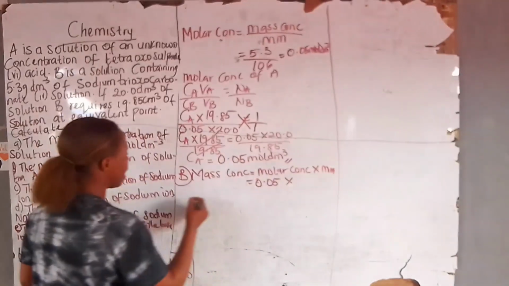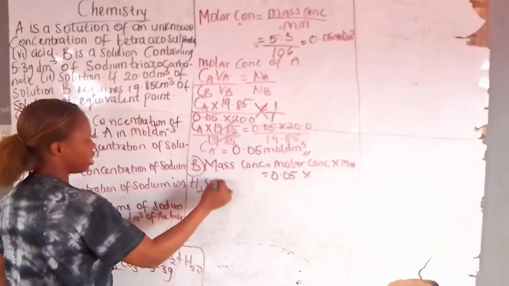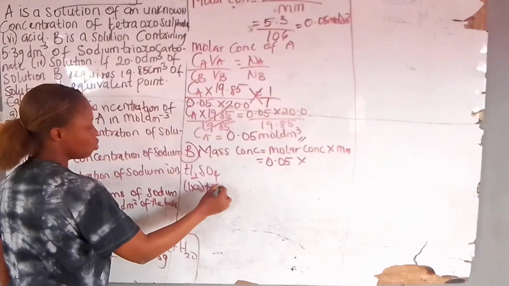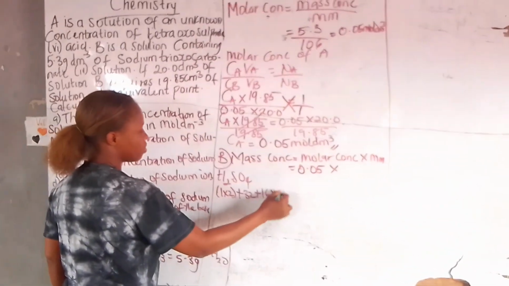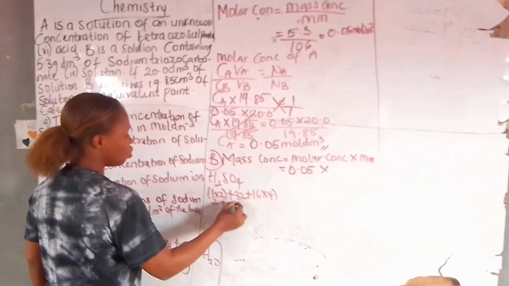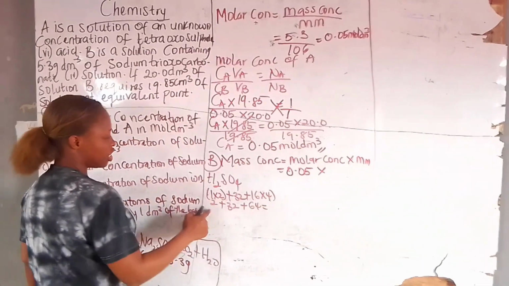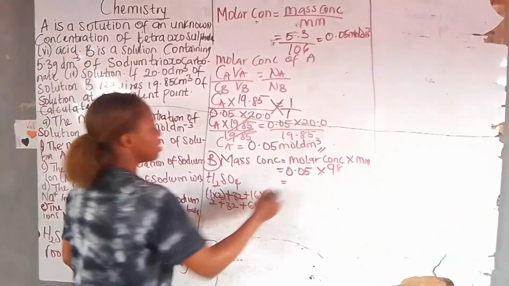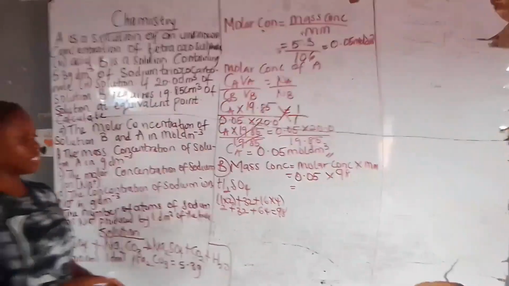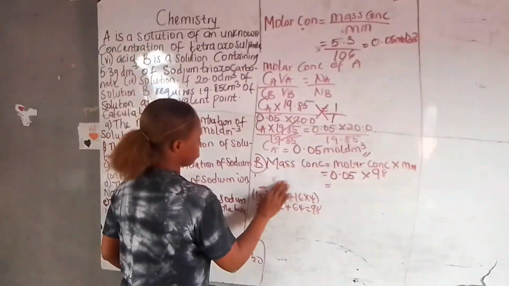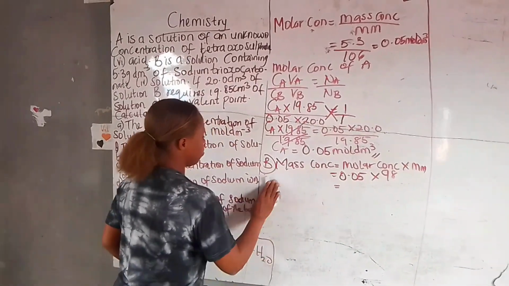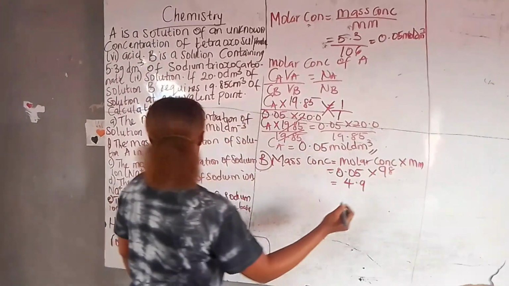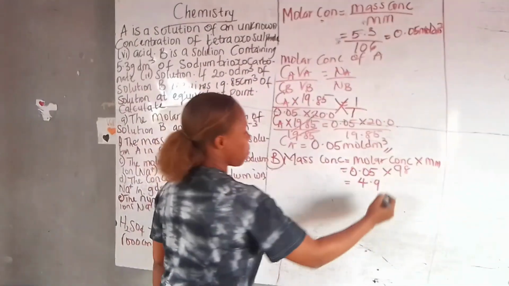And what is the molar mass of H2SO4? H is 1 times 2 plus S is 32 plus oxygen is 16 times 4. So you have 2 plus 32 plus 64. The addition of all of them gives you 98. So 0.05 times 98 gives you 4.9 g per dm cube.